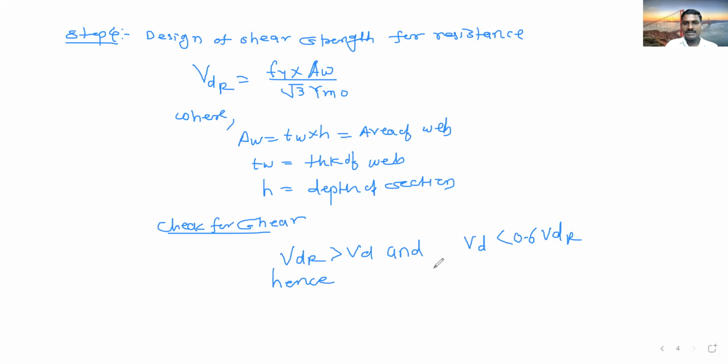Hence हे जर satisfy होत असेल, hence section is safe. This check, if satisfied, then your section will be safe.